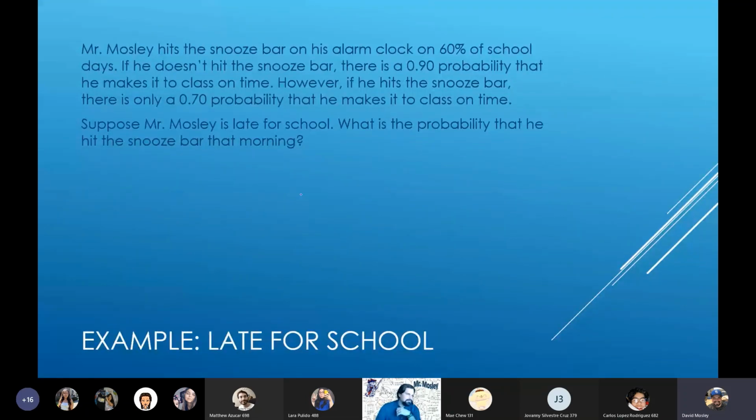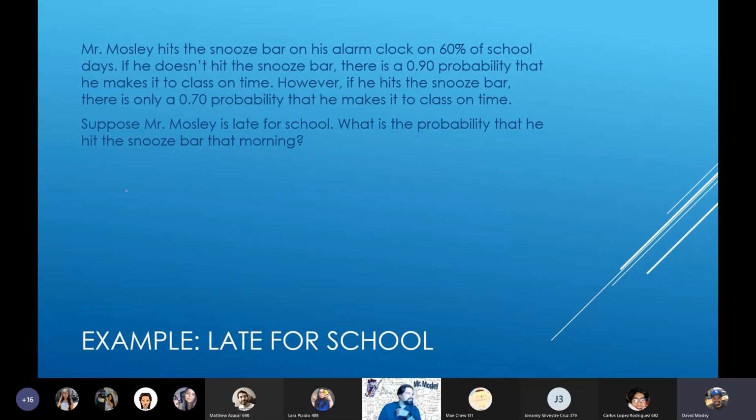So now, same problem, different question. Now we want to know, suppose Mr. Mosley is late. So we already know that I'm late. What's the probability that I hit the snooze bar that morning?